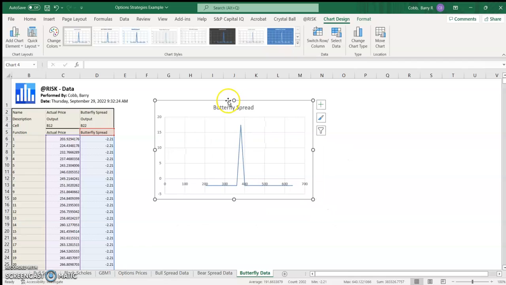All right, so here we have the graph of the butterfly spread. The actual price is on the horizontal axis, and then this is the payoff of the option strategy. So we can see that the lowest this would pay off would be 221. If the stock price ends below 360, we're just going to lose the cost of the strategy, 221. You can see that over here.